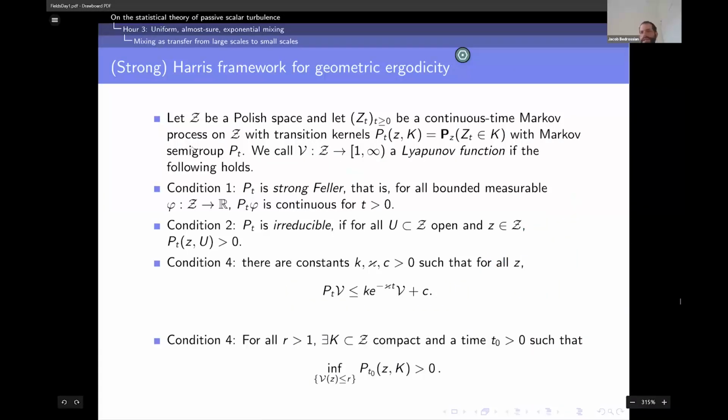And then you have to have some condition that says the sub-level sets of V are important. And so what you want to know is that on sub-level sets of V, you know that there's a compact set where everything gets mapped into. And so this is essentially a property of parabolic regularization.